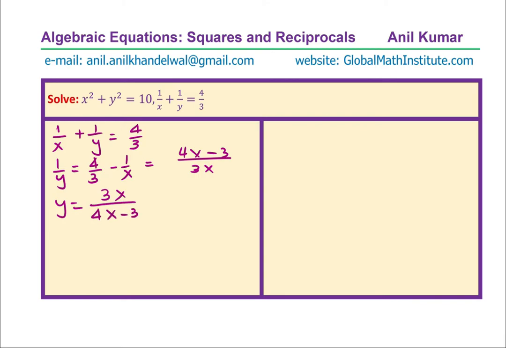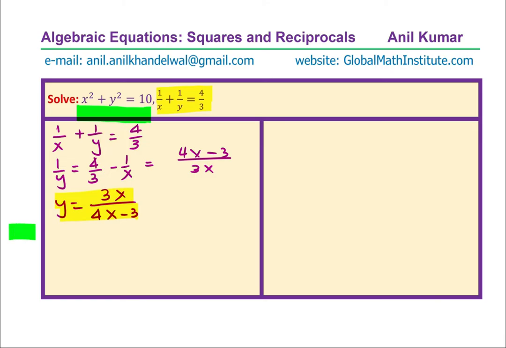So using the second equation, which is 1 over x plus 1 over y is 4 over 3, we found the value of y as 3x over 4x minus 3. Now let us substitute this in the first equation, which is given to us as x squared plus y squared equals 10.